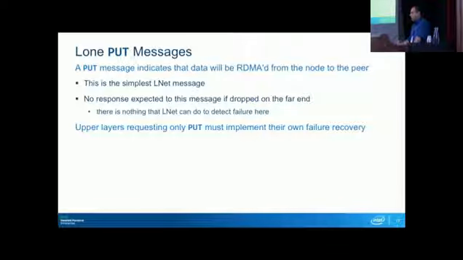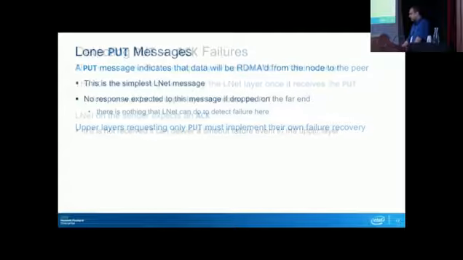So whoever requests a put, or when Portal RPC requests a put message, it needs to be able to make sure that if the expected action is not taken, it will recover somehow. This is outside the realm of LNet.